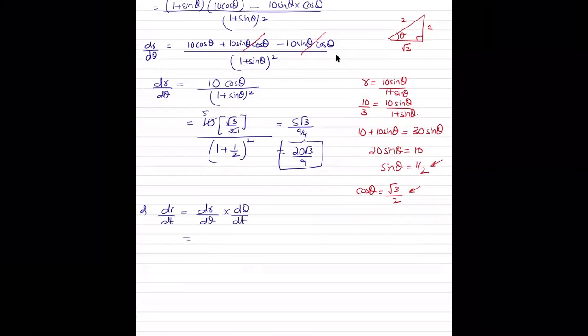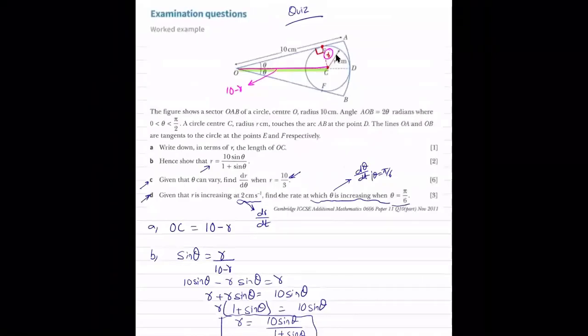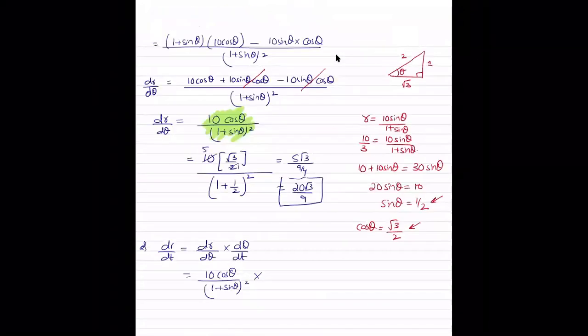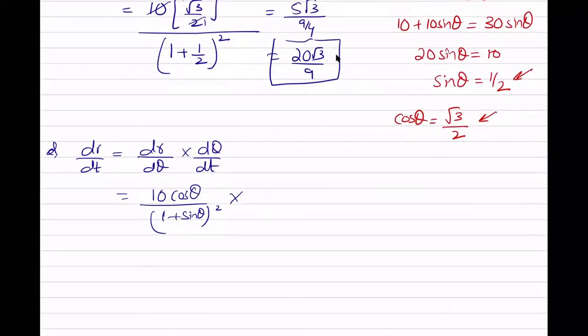So I'll have to use the differentiation of dr over d theta, that comes out to be 10 cos theta over 1 plus sine theta, the whole thing square. I'm going to rewrite this equation because the question is asking me to find d theta over dt.